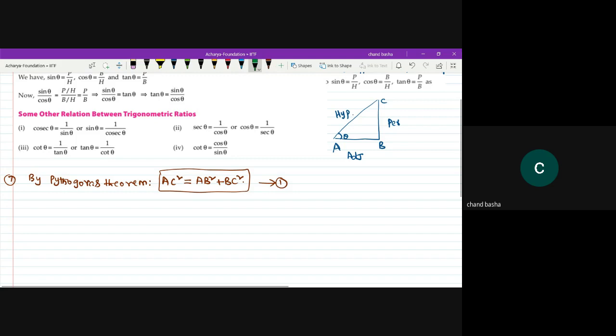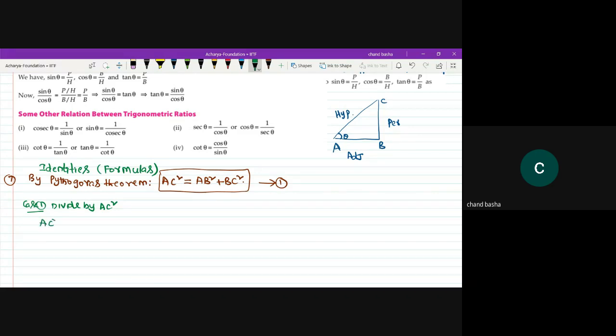So I can prove the trigonometric identities, or we can also call them formulas. Important formulas. How? In the first case, case number 1, divide the above equation 1 by AC square.